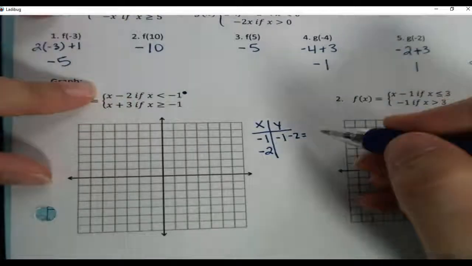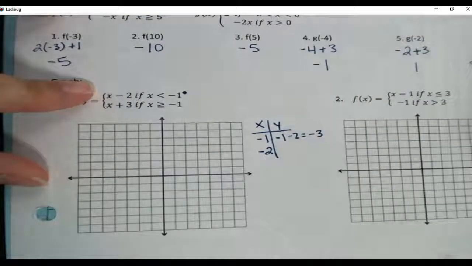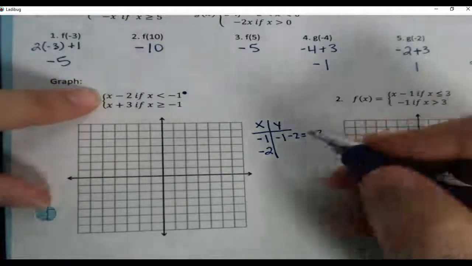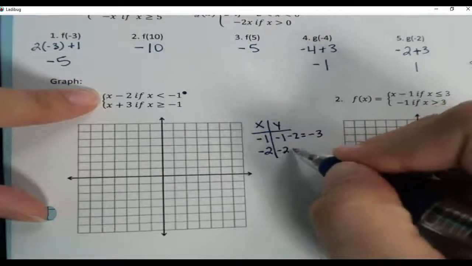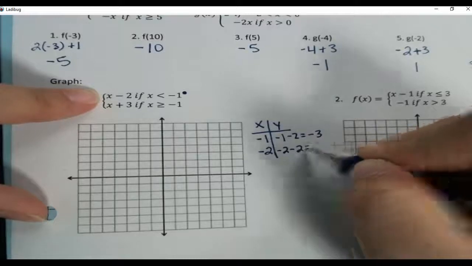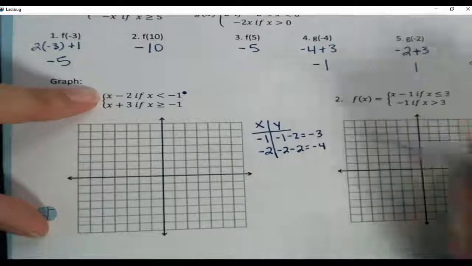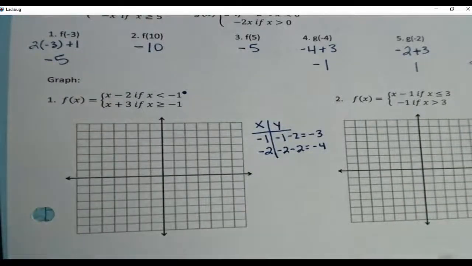So good, so negative 3. And then we're looking at negative 2, so negative 2 minus 2 is negative 4. Okay, so I have 2 points, negative 1, negative 3, and negative 2, negative 4.